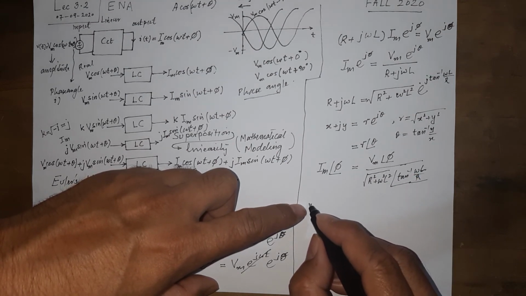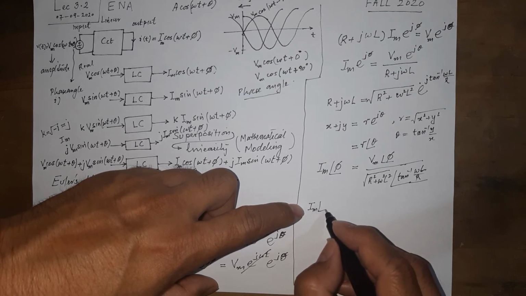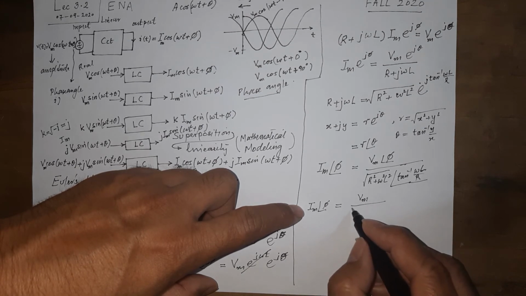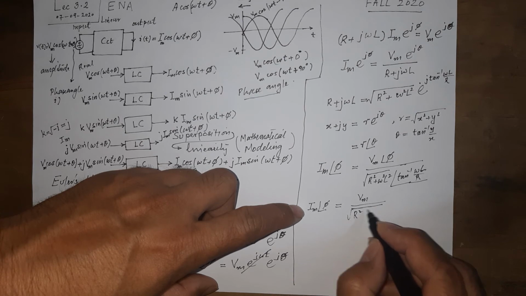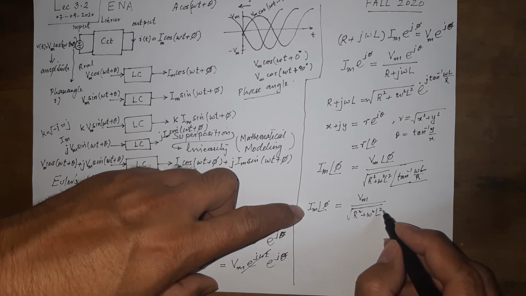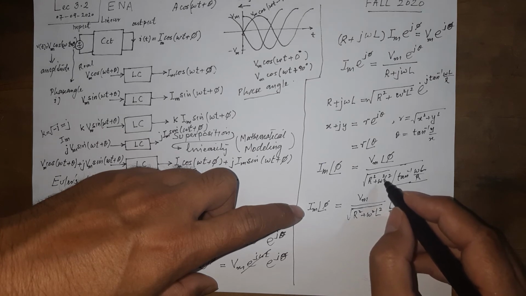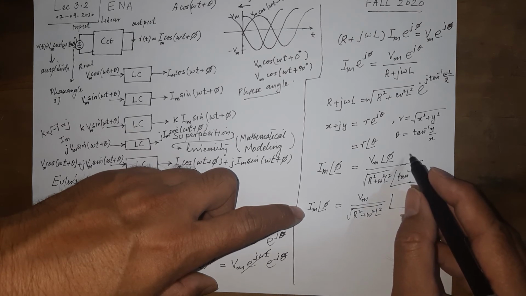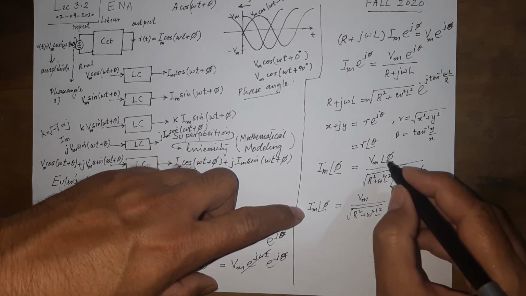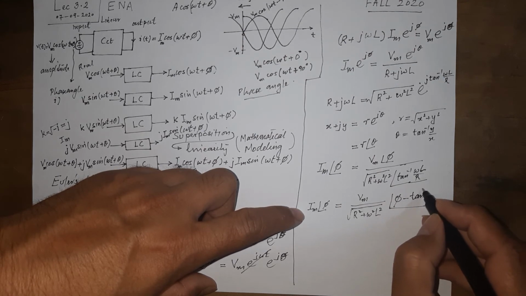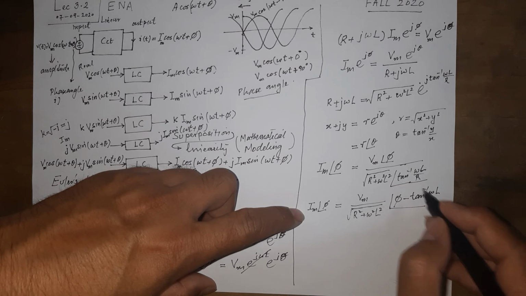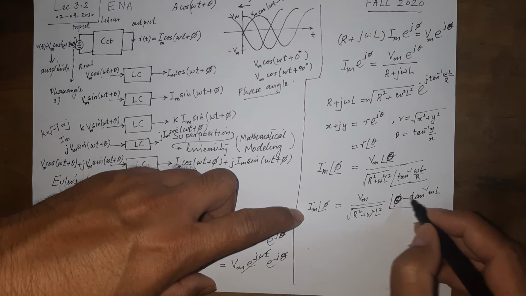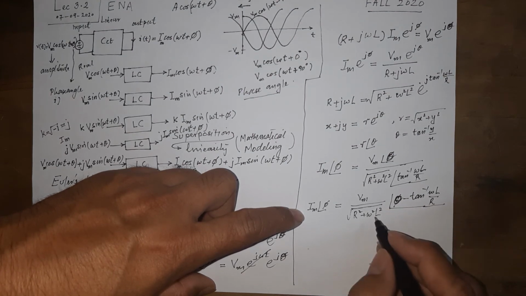We are going to get Im angle phi is equal to Vm over square root r square plus omega square l square, and this basically what we have in the denominator e raised to power iota this thing, and when it goes in the numerator its sign changes, so we are going to get phi minus tan inverse omega L, sorry I keep mixing things, this is theta, omega L over R.